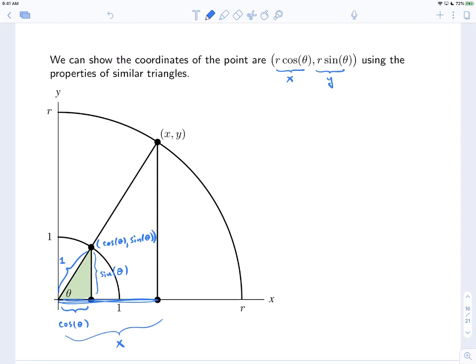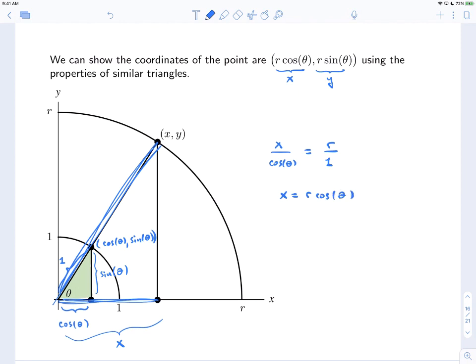So what we can say is that the value of the large base to the value of the small base is in the same proportion as the large hypotenuse, which is r, to the smaller hypotenuse, which is 1. So now if we cross multiply, we get that x is equal to r times cosine of theta.